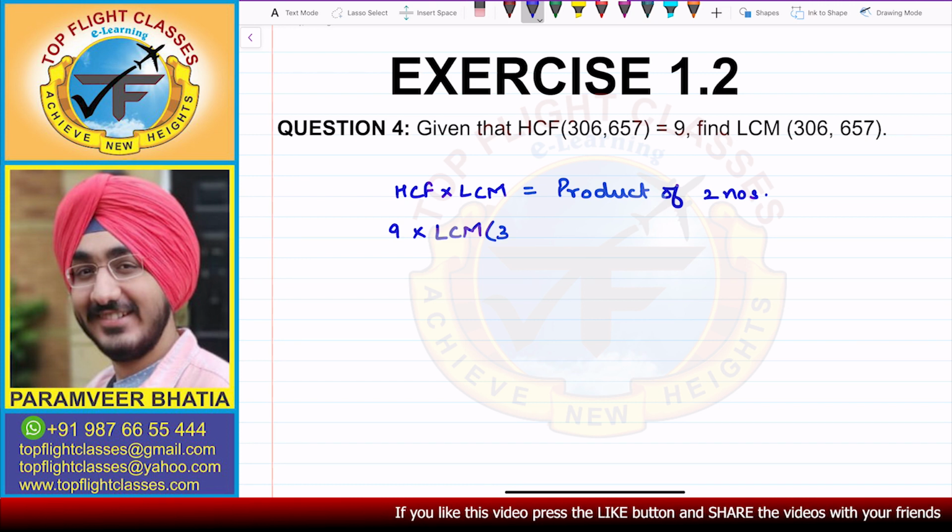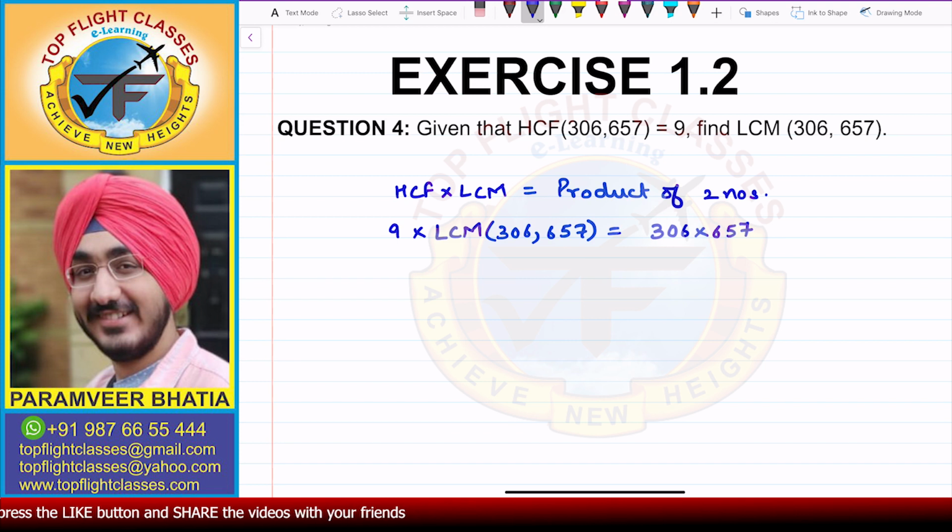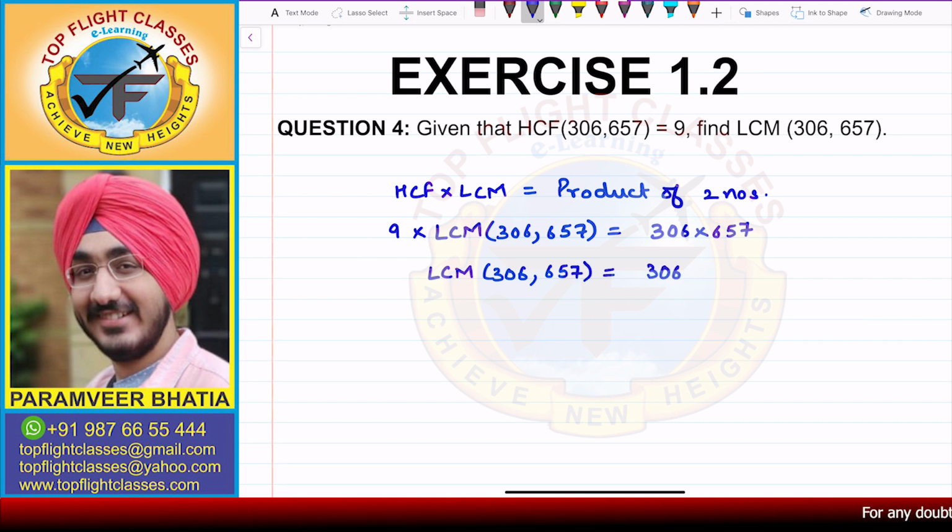LCM of 306 and 657 is equal to the product of the two numbers, that is 306 multiplied by 657. So now from here, LCM of 306 and 657 will be equal to 306 into 657 divided by 9.